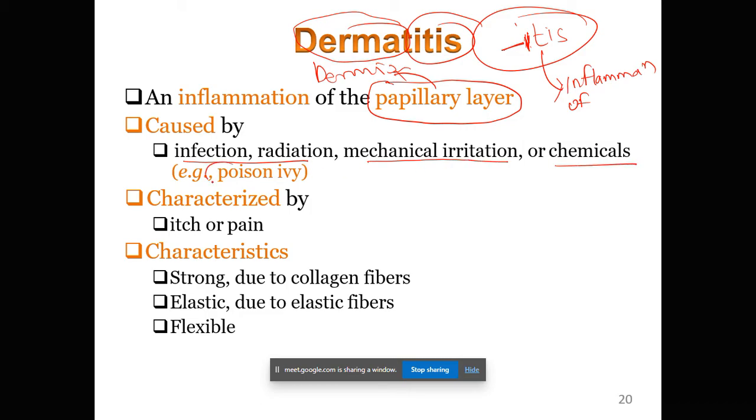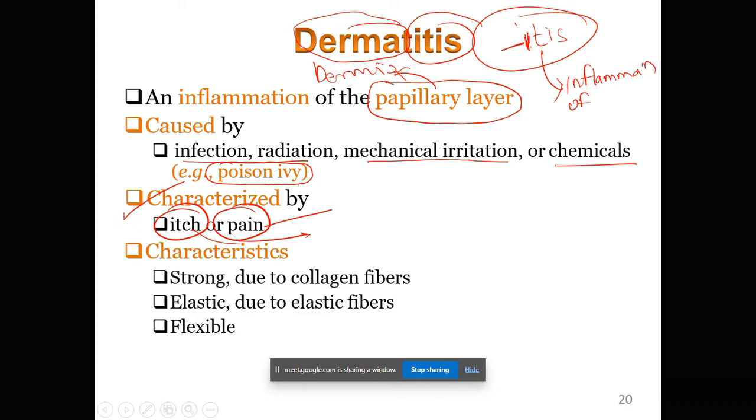Poison ivy is the name of a plant. Let's not go into those details, and we will only have an overview. It is characterized by itch or pain. Itch, in Marathi we say khaj sutne.